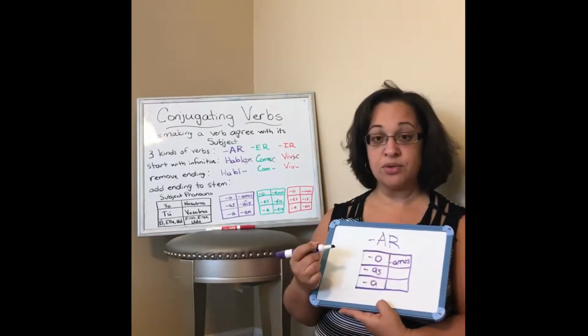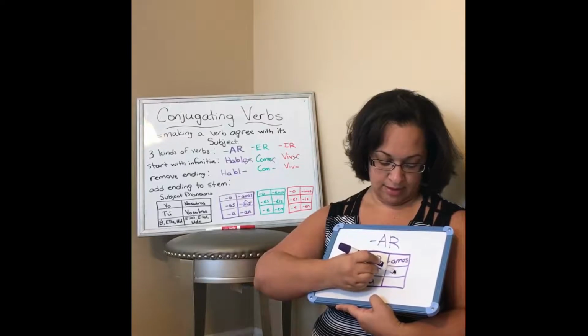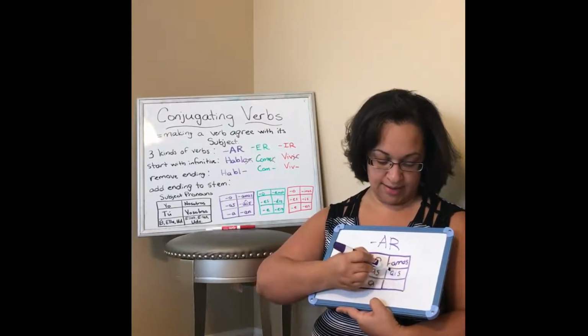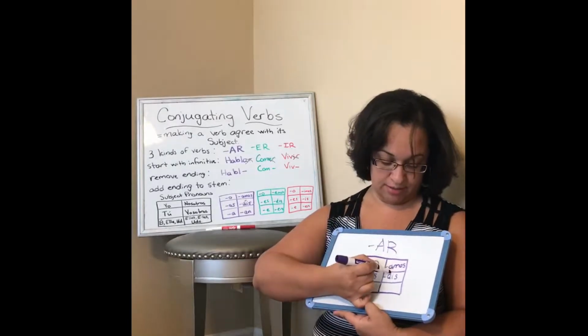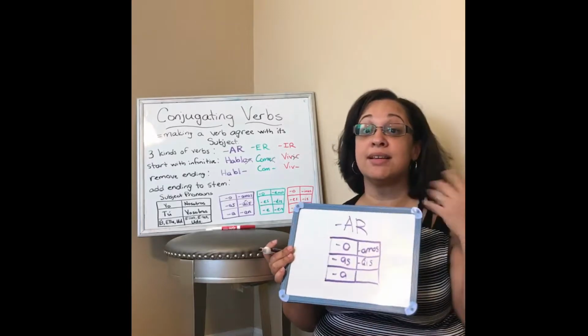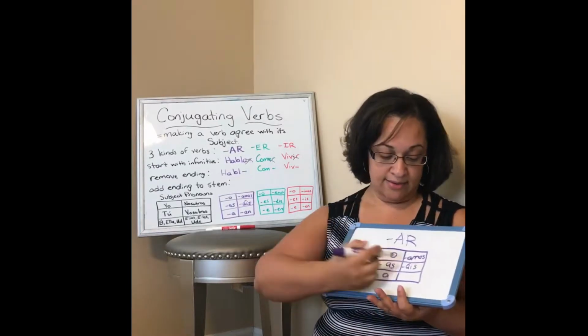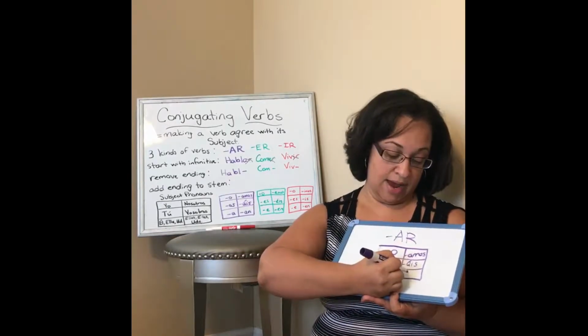For vosotros, we have áis. And one thing you're going to want to note with áis is that it has an acento. It has an accent mark over the A. Okay, so make sure that that's on there, otherwise it's not correct. And then for ellos, ellas, ustedes, we have an.